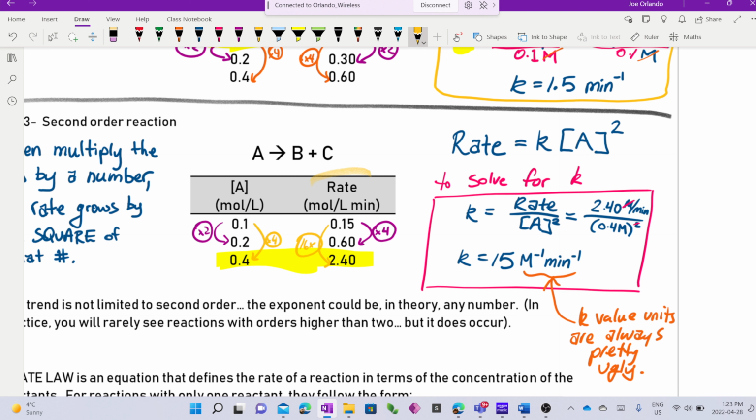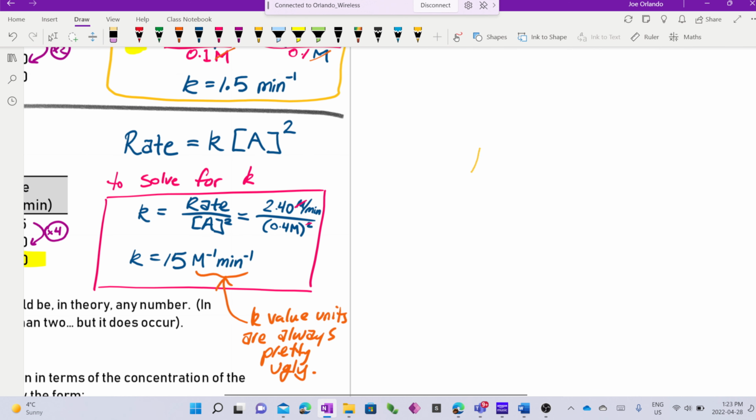So what we're saying is when we want to find the rate, we're saying that the rate depends on the concentration. Because they depend on each other, there is some mathematical relationship: changing this changes that.